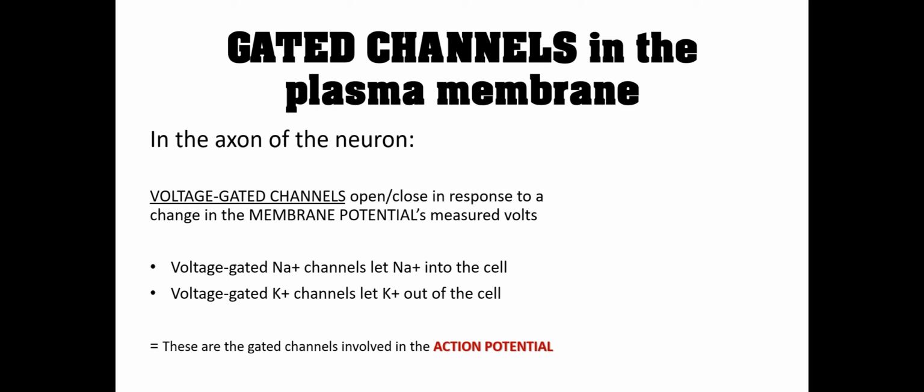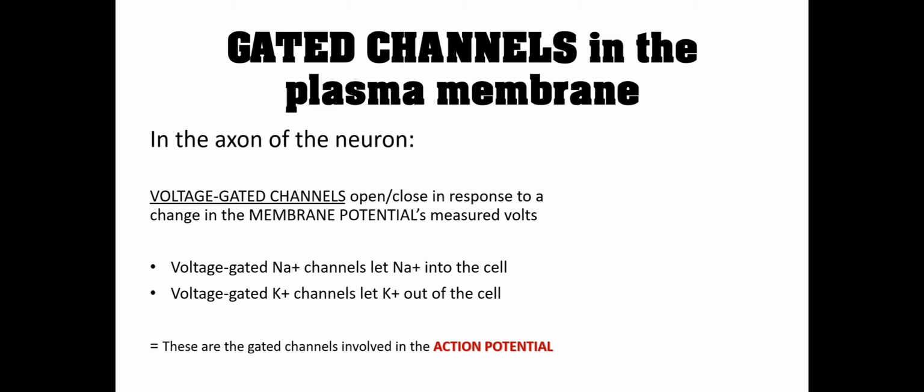The doors are specifically for one ion only each, and they're opened and closed when the membrane potential changes. The resting membrane potential would be negative 70 millivolts. So when it deviates from that negative 70 millivolts, that triggers the voltage gated channels to open up. And they open up at specific times, which we'll go into in a little bit.